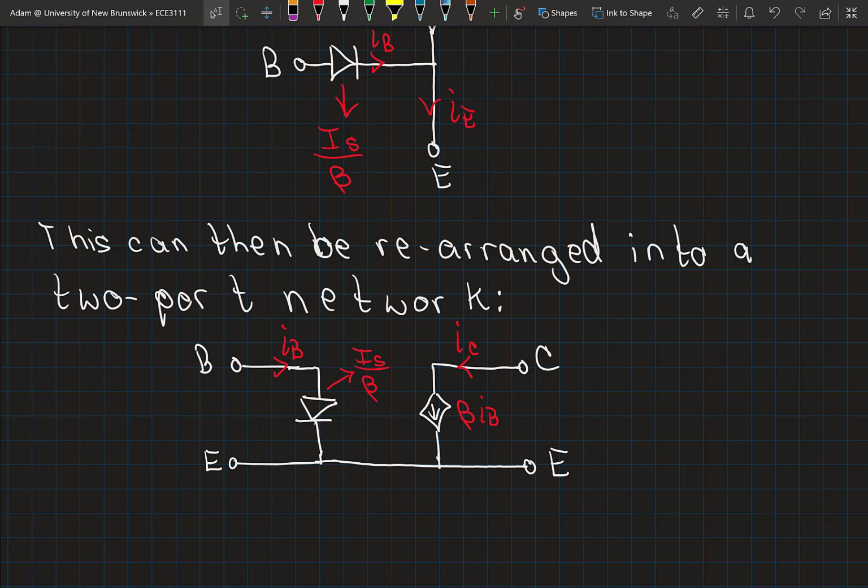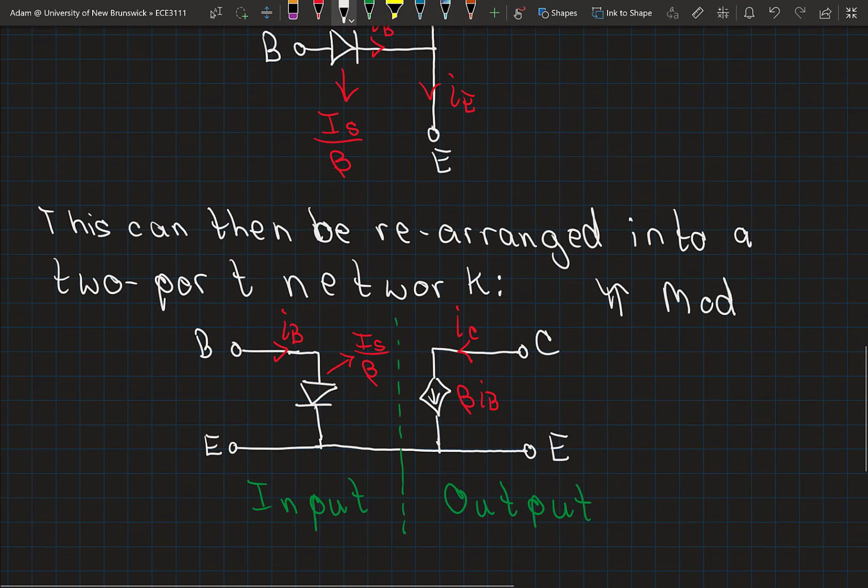So we have a two-port network now where the left-hand side is our input, and of course the output is taken from the right-hand side. This model for representing a BJT when operating with a large signal is known as a pi model.